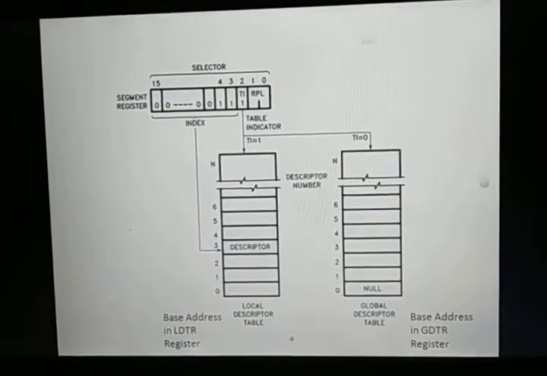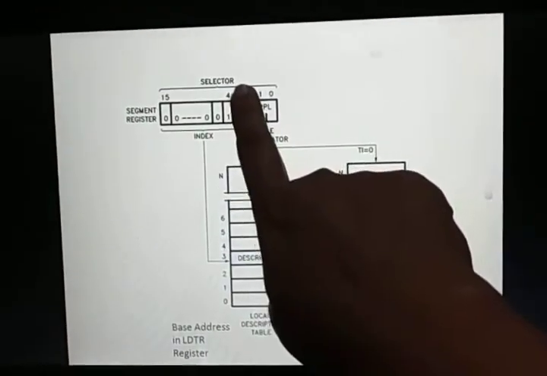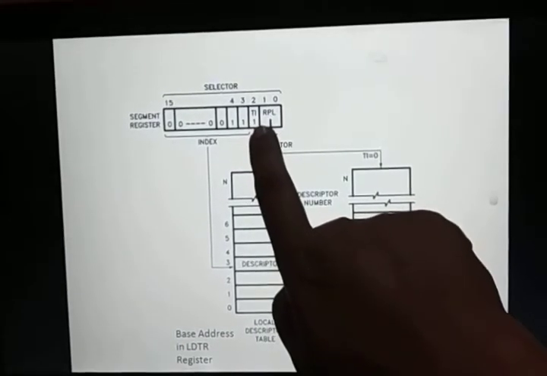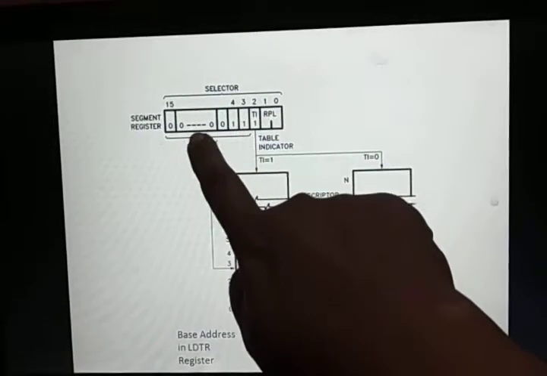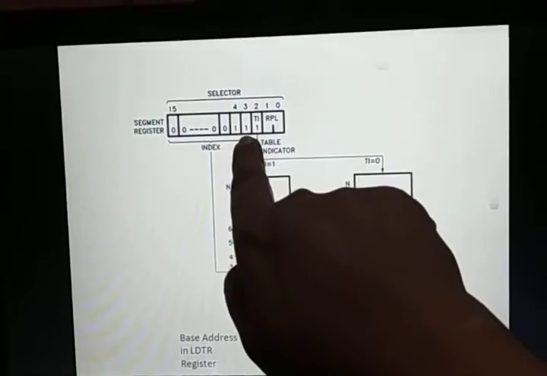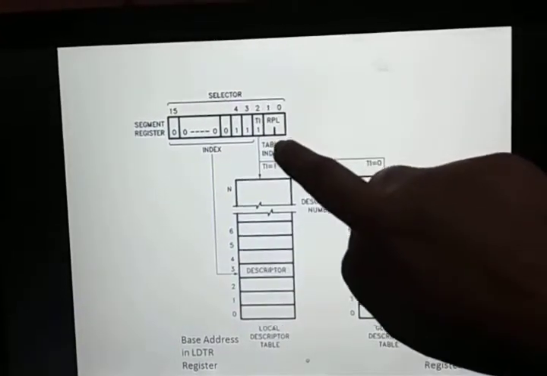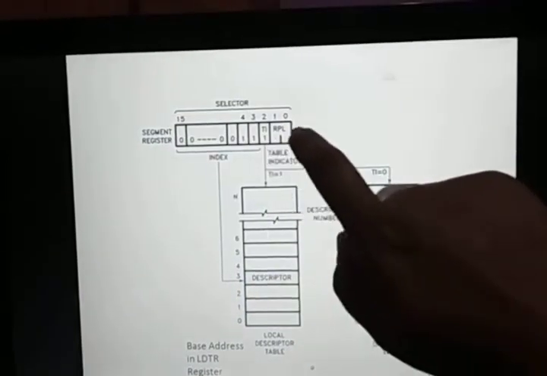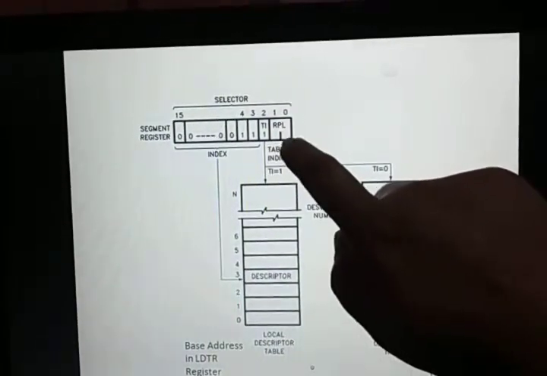Here you can see the selector field. Again we divide it into three parts: RPL, which means request privilege level, the TI, which means table indicator, and the remaining 13 bits, which we use for indexing. Here you can see this is a 1-bit field, this is a 2-bit field, the TI bit and the RPL field.